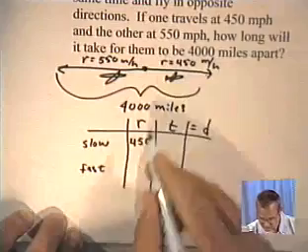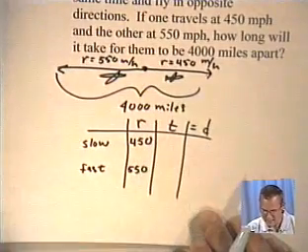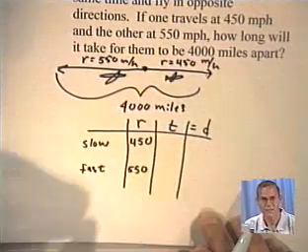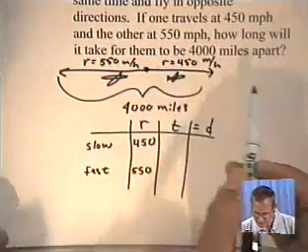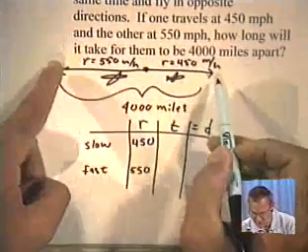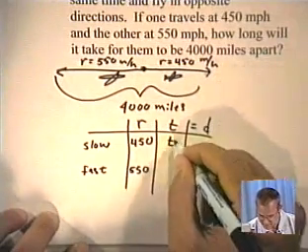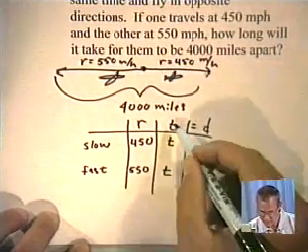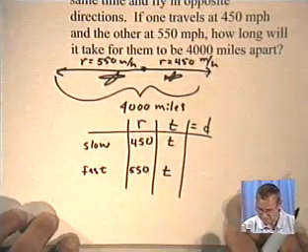The faster airplane is going 550. Well, we're looking for the time, the time that it takes for them to be 4,000 miles apart. So how about if I let t be my variable time? And notice that the times are equal. This is the unknown quantity that we need to solve for.